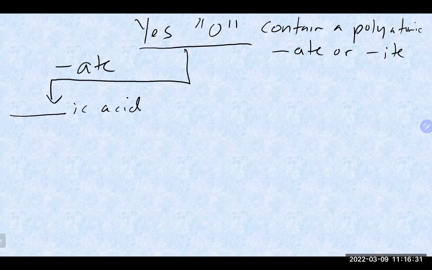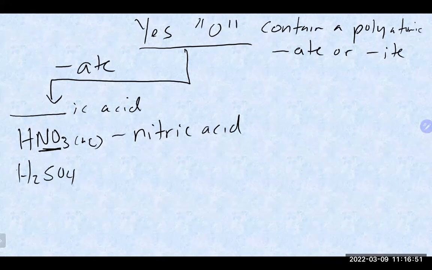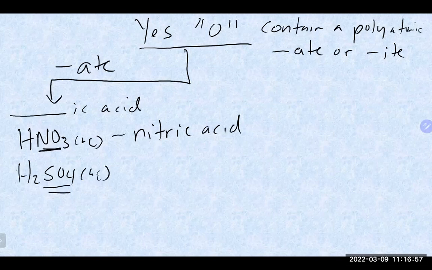So if we had HNO3, this is NO3 minus, a polyatomic ion, which is nitrate. So this would become nitric acid. H2SO4. SO4 is SO4 2 minus, which is sulfate.